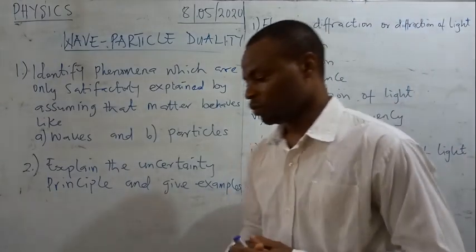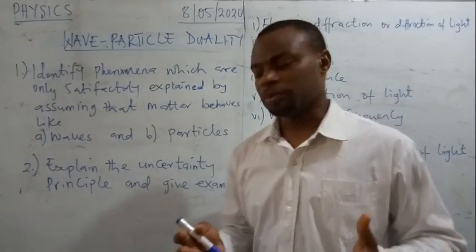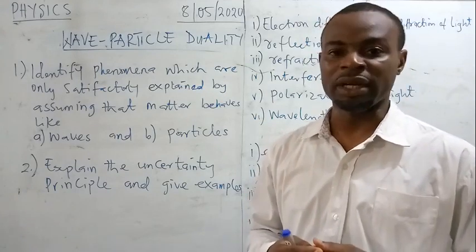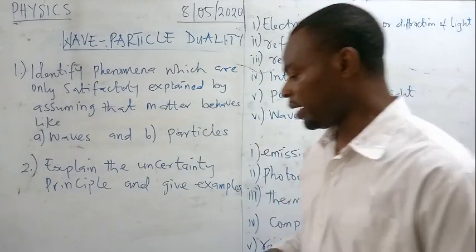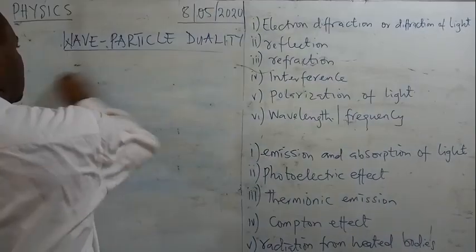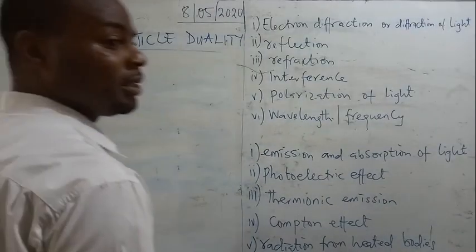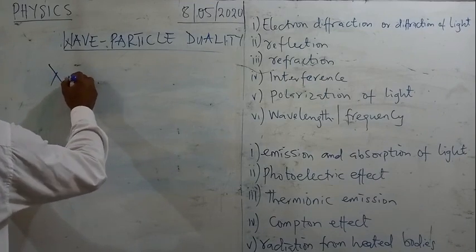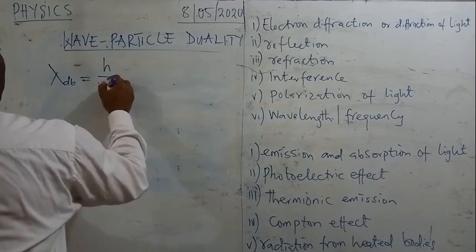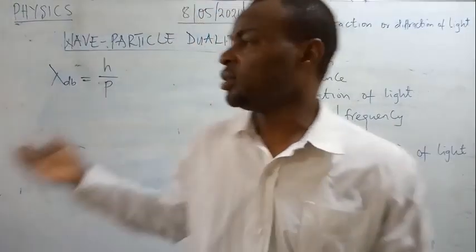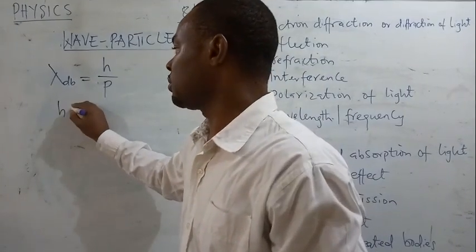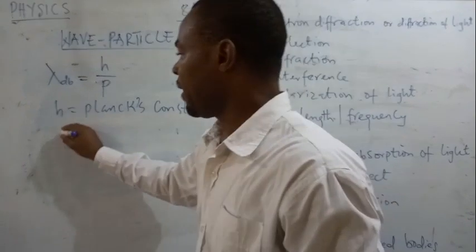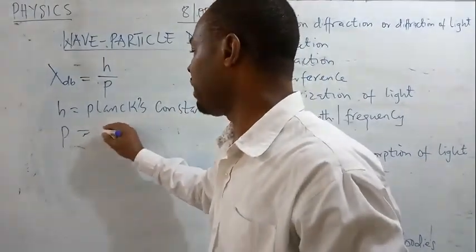De Broglie postulated that any particle with momentum has an associated wavelength, and this wavelength is now called de Broglie's wavelength. And mathematically, it is given by lambda dB is equal to h all over p, where h is the Planck's constant and p is the momentum of the particle.